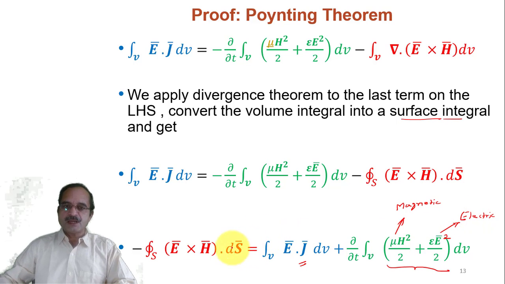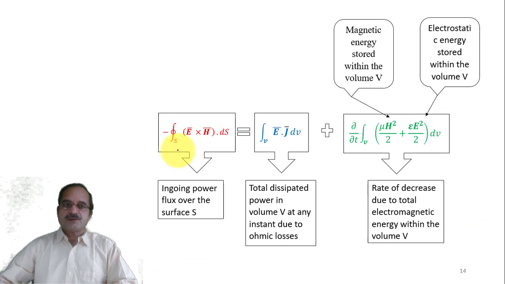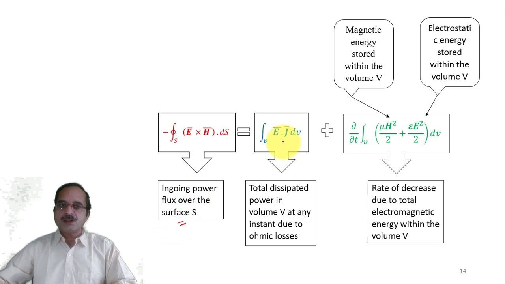So this equation is nothing but the final expression for Poynting theorem. As we have seen, the first term, the surface integral of E cross H dot ds, represents the ingoing power flux over the surface S. E dot J dv is the total dissipated power in the volume at any instant due to ohmic losses.